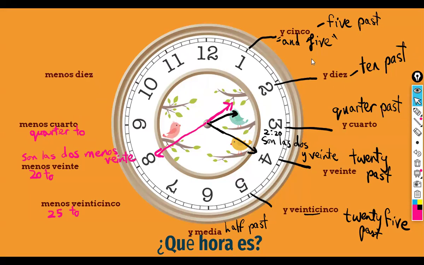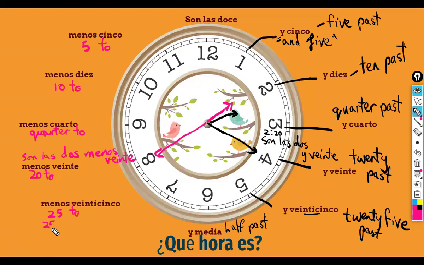You have to state the hour that the hand is going to. Menos diez, right? And five to, and then twelve o'clock, but we already have that, right? Five to, or five till, five until, five minutes before. All of those would work, right?